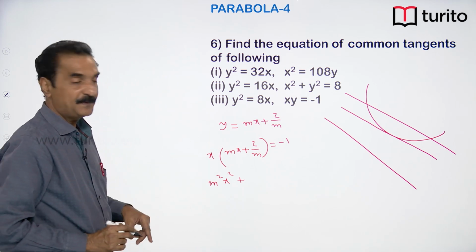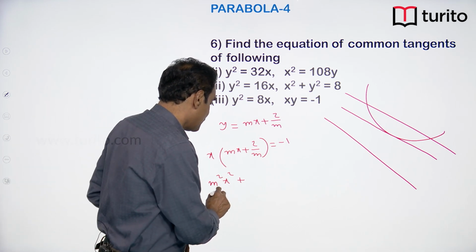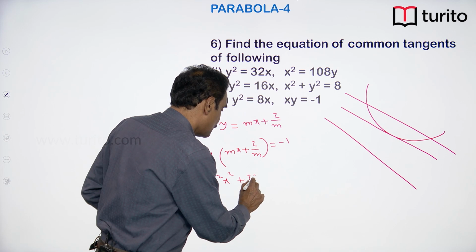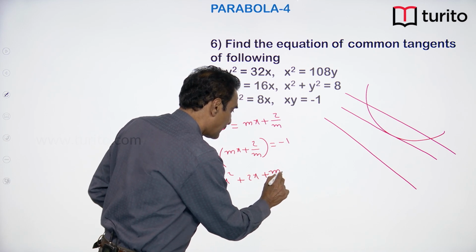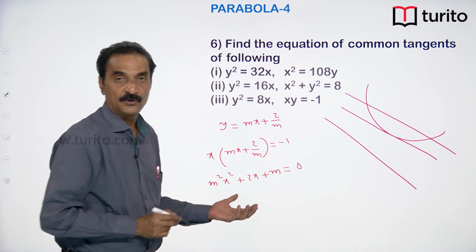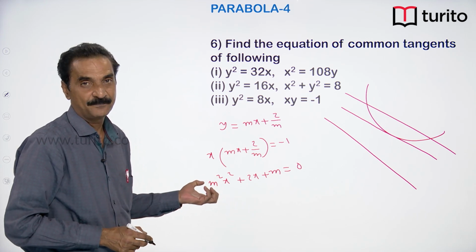Now, after simplification, we get a quadratic equation m square x square plus 2x plus m is equal to 0. It is a quadratic equation in x.